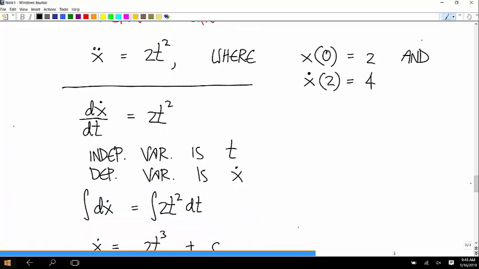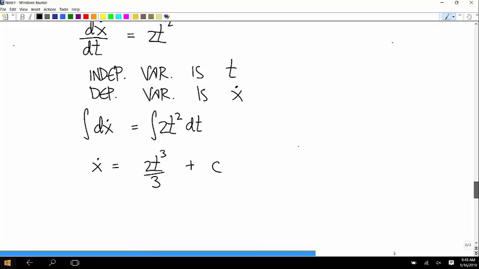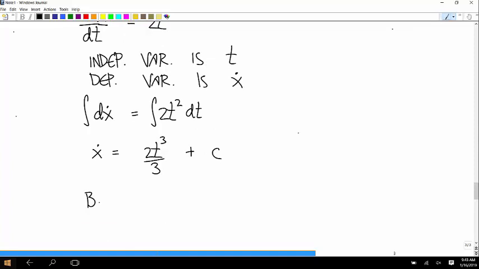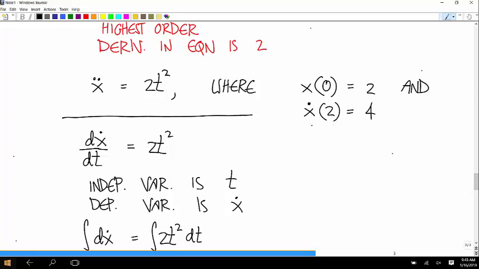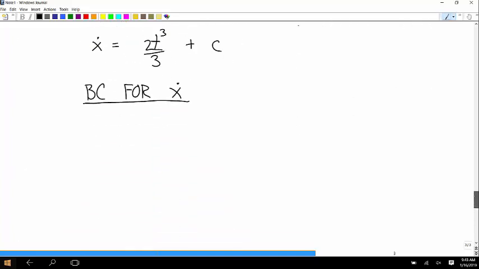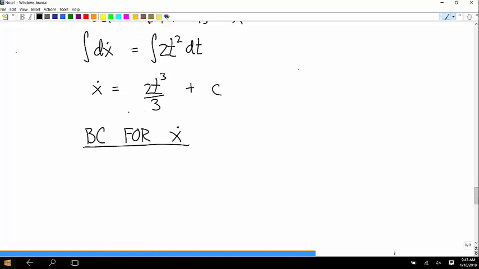And in this example, now we can use one of these boundary conditions. So we'll use the boundary condition for x dot. It says that when time is equal to 2, x dot is equal to 4. So plug those conditions into this equation. So we have 2 cubed over 3 times 2, plus c is equal to 4.